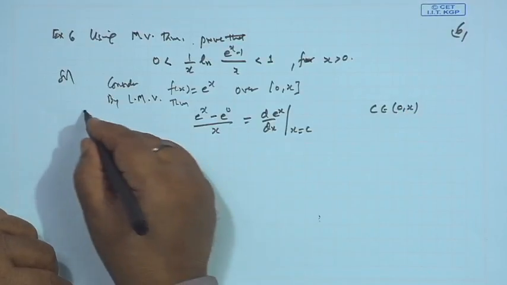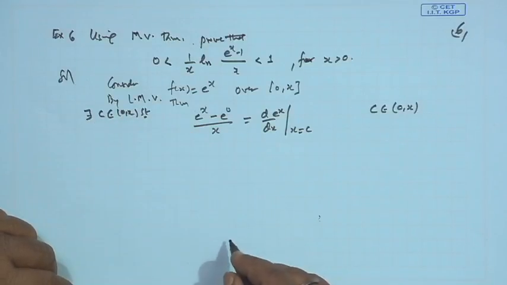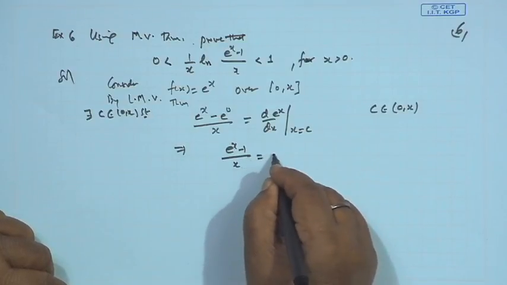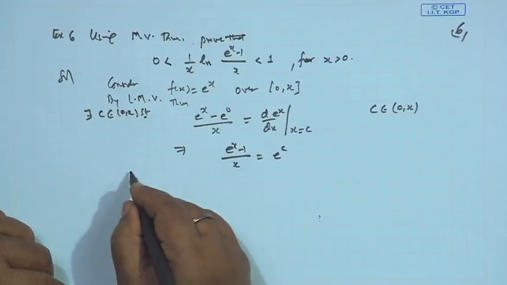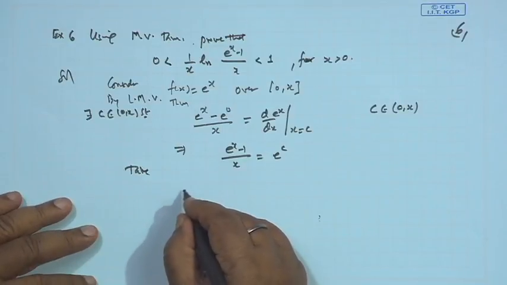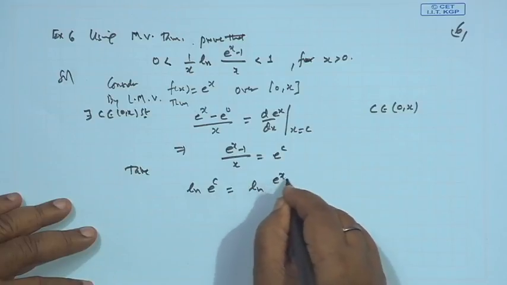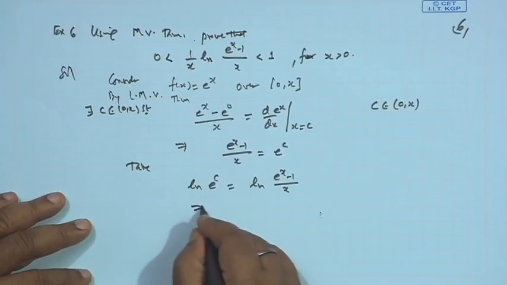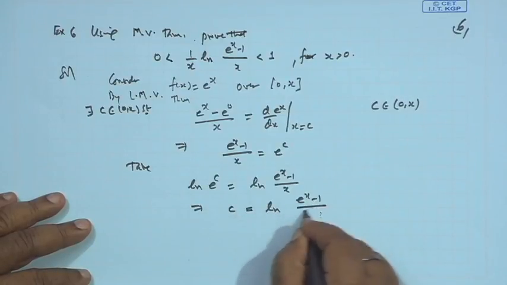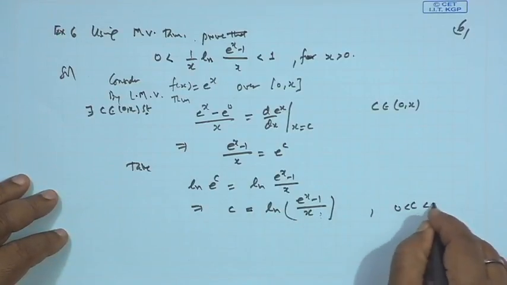So, by the mean value theorem, there exists a c in the interval (0, x) such that this result holds, and this is (e^x - 1)/x = e^c. Take the log. So, we get ln e^c = ln((e^x - 1)/x), and this implies c = ln((e^x - 1)/x), where c lies between 0 and x.